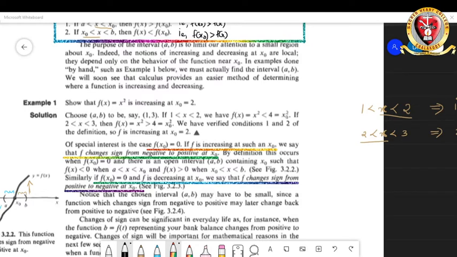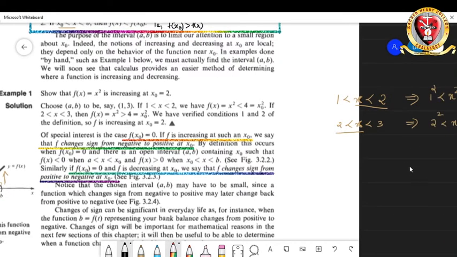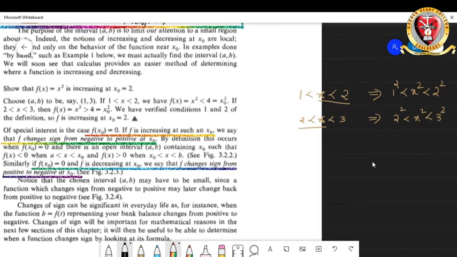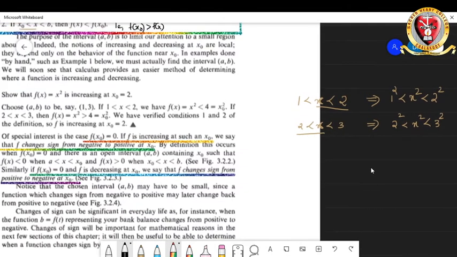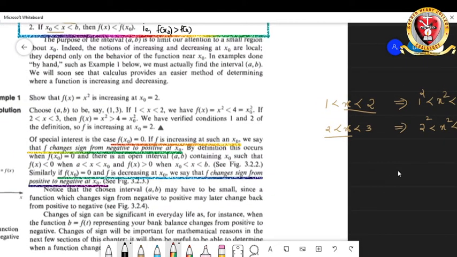So the first example asks us to show that f(x) = x² is increasing at x0 = 2. For that, from the definition, we have to find an open interval in which 2 is present.